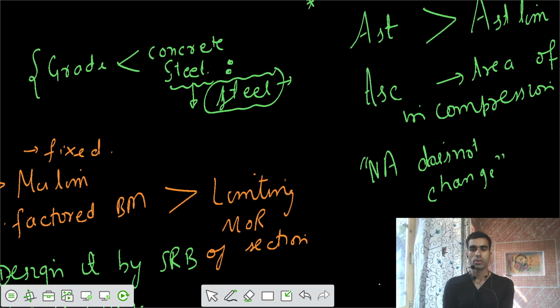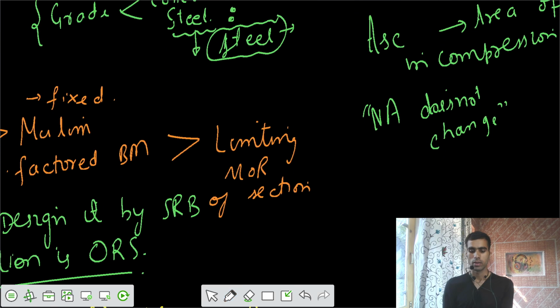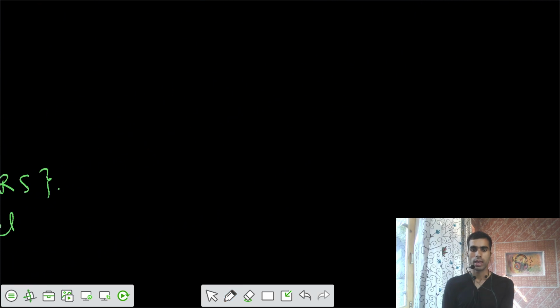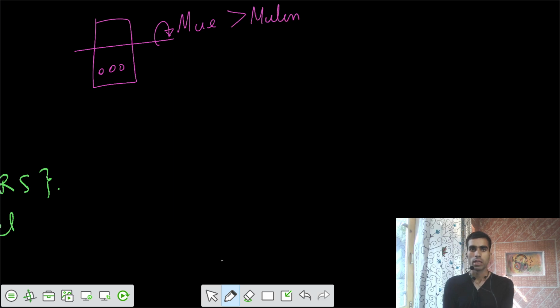So let's try to understand what we are saying. If you want to design a singly reinforced beam and you apply a factored bending moment MUE that is greater than MU limiting, with B and D fixed, it won't become URS.